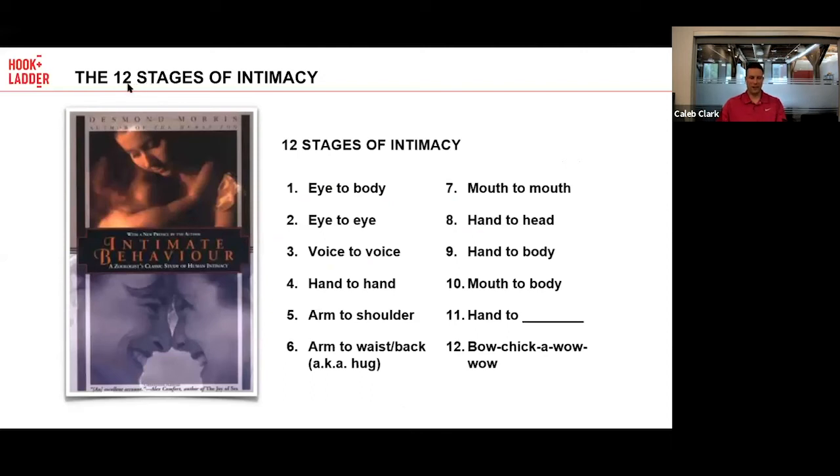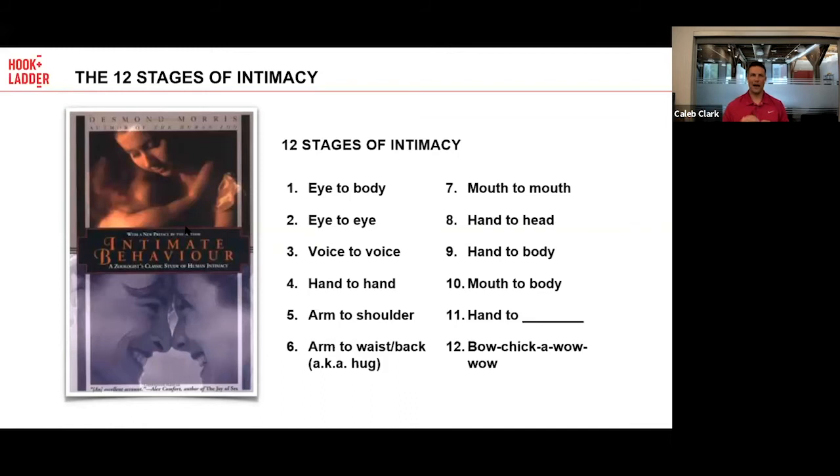Something that we landed on a while back is a study that was created by a zoologist. The zoologist's name was Desmond Morris. And what he was out to study is how do two people go from first meeting each other to becoming married with kids?